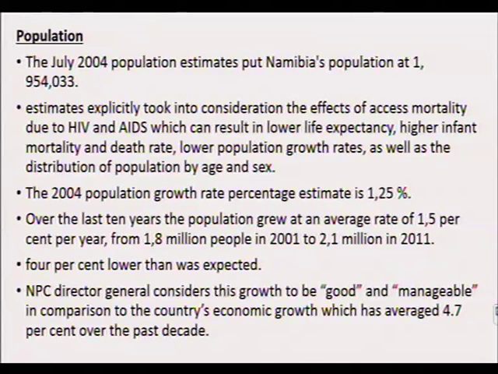This was actually 4% lower than what was expected. But according to the NPC director, he considers the growth to be good as well as manageable in comparison to the country's economic growth, which has averaged 4.7% over the past decade.